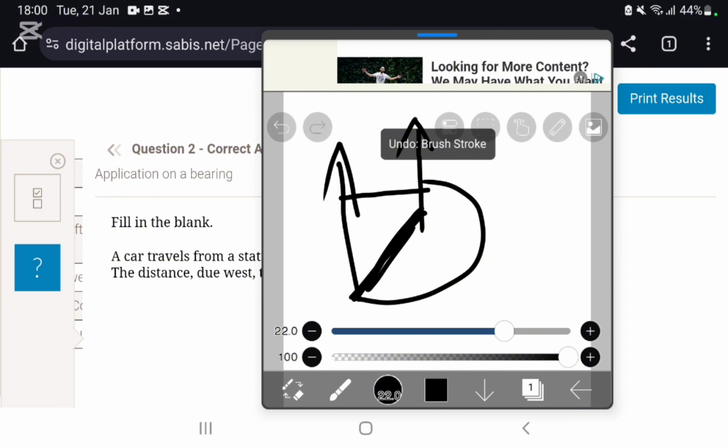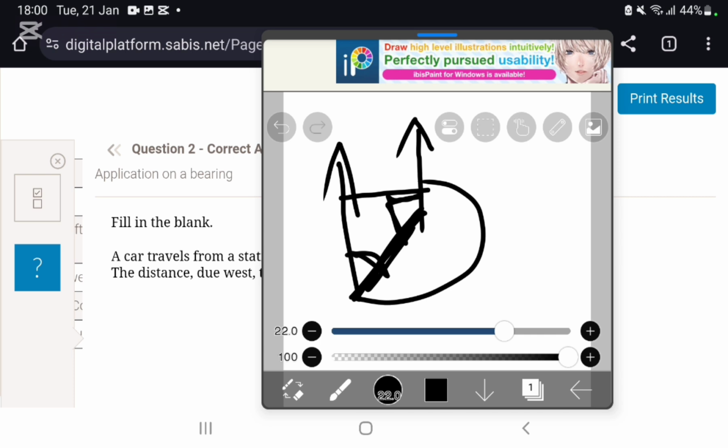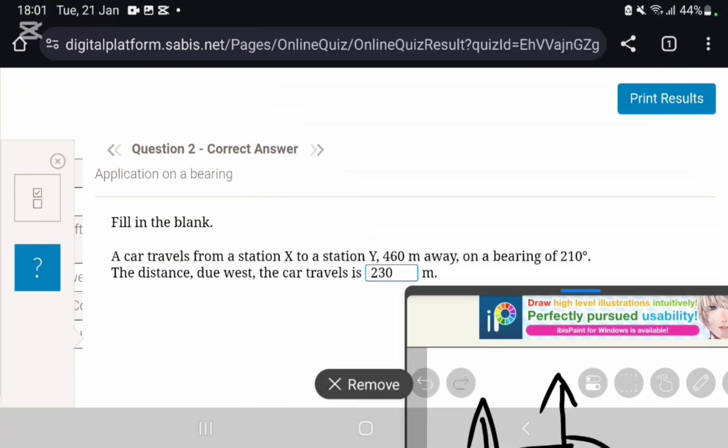We know that this angle is 90, like if we draw the perpendicular, this is 90, so this is 60. So all we have to do now is cosine 60 times the distance they gave us. So cosine 60 times 460, which they gave us, which will give us 230.